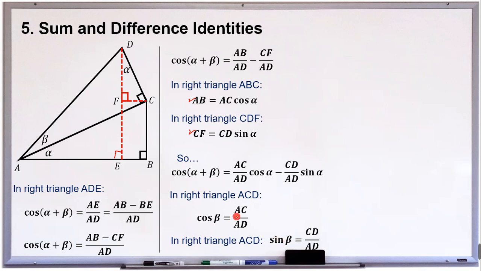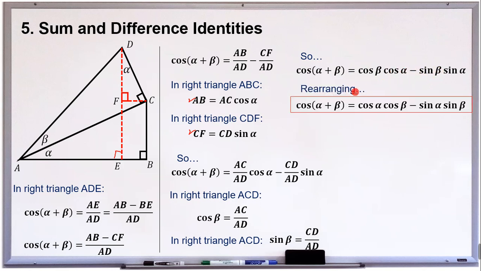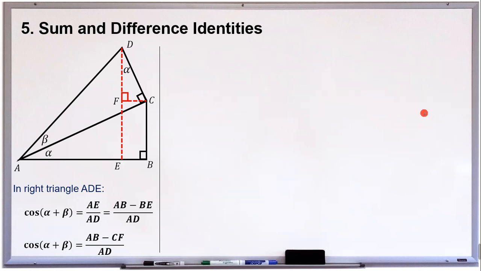So substituting these two expressions in our equation, we'll have the cosine of the sum of two angles equal to the cosine of beta, cosine alpha, minus sine beta, sine alpha. Rearranging, we have the final equation for the cosine of the sum of two angles: cosine alpha cosine beta minus sine alpha sine of beta.